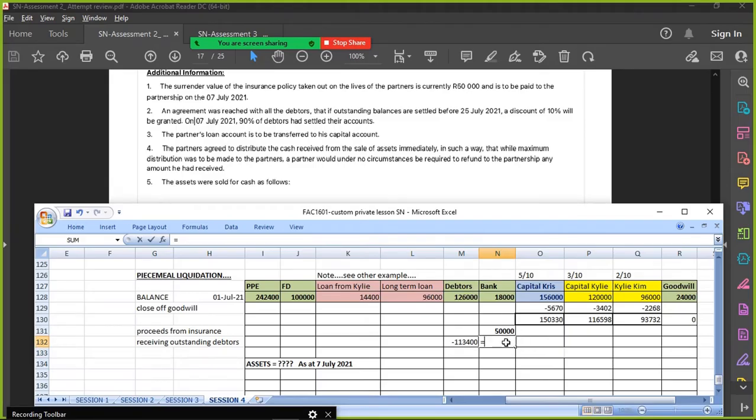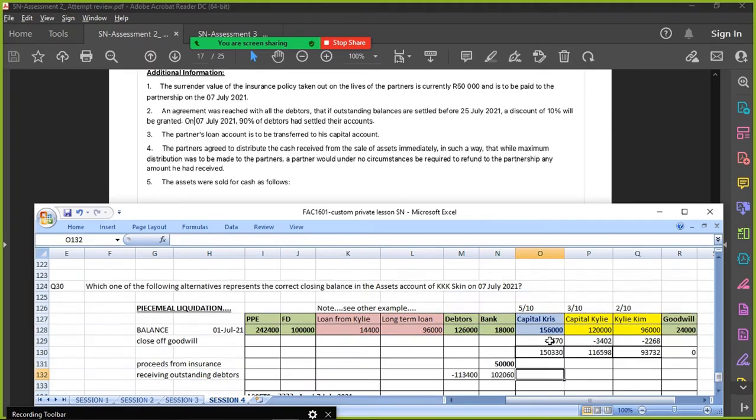The bank figure is going to be the debtors amount, less, hold on, 90% times the debtors amount, close brackets, less, open brackets, 10% of that amount. Does it make sense? Yeah. Okay, that's how much money is coming in, and then obviously each partner got a share of that loss.